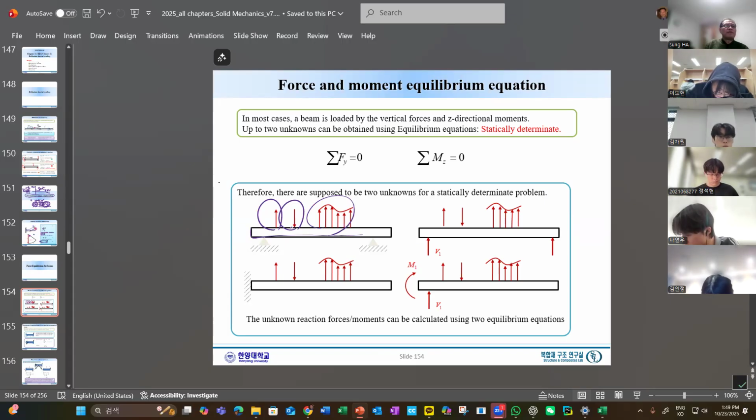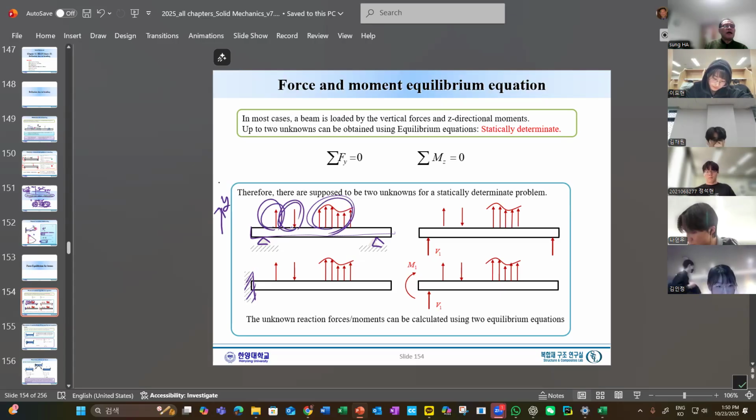This is the beam, which needs to be in equilibrium, of course. Let's say we have a certain boundary condition like that, and then we always have a y-directional force, a reaction force given here and here.